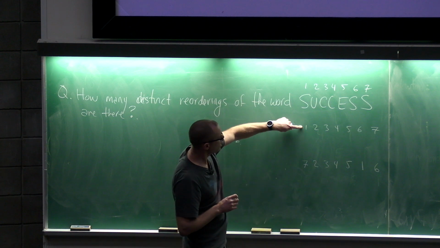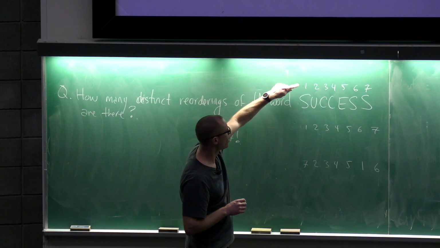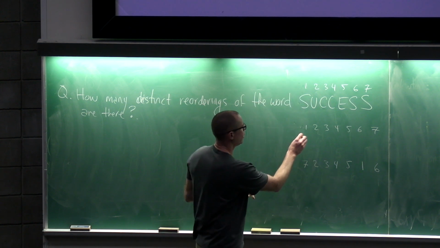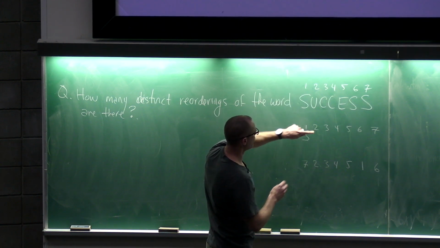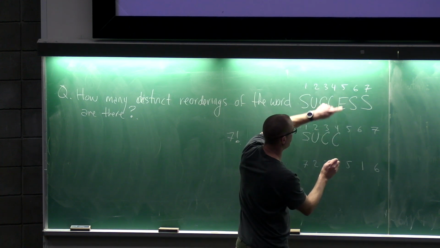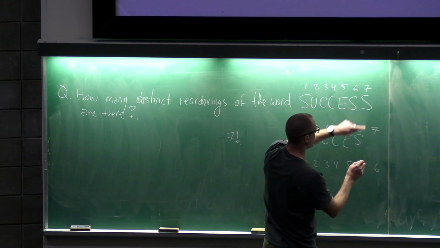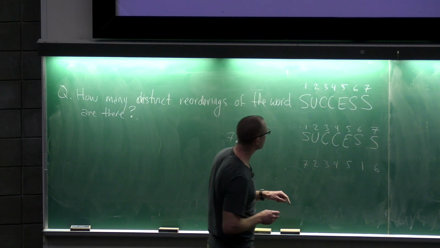If I use the first permutation, the identity, to rearrange the letters of this word, letter 1 goes to here, letter 2 goes to here, and so on.